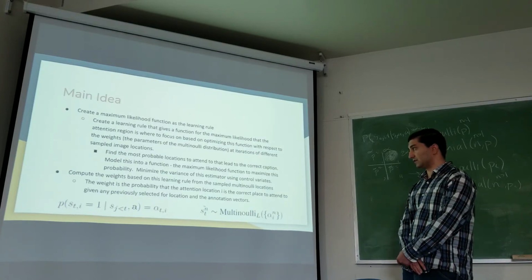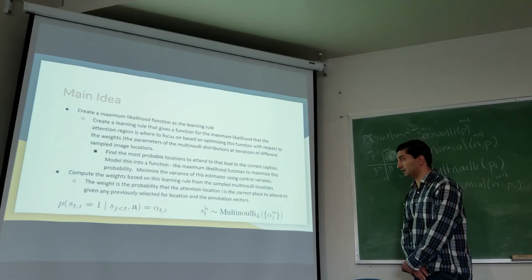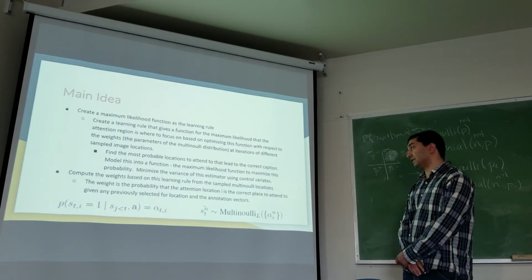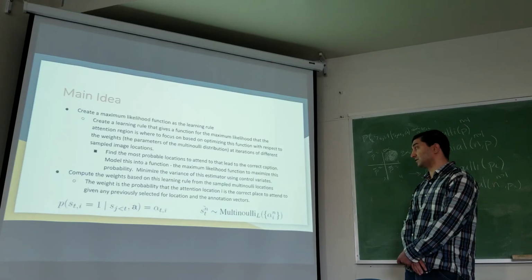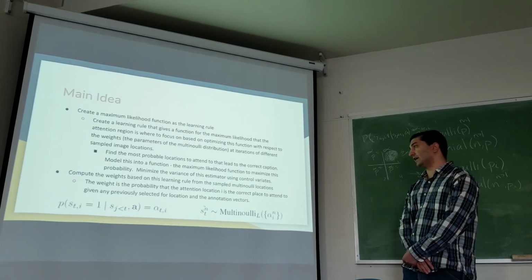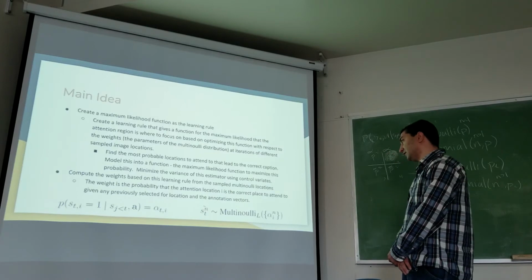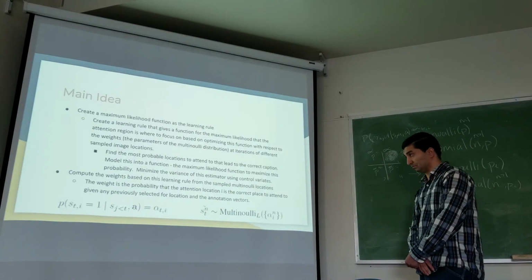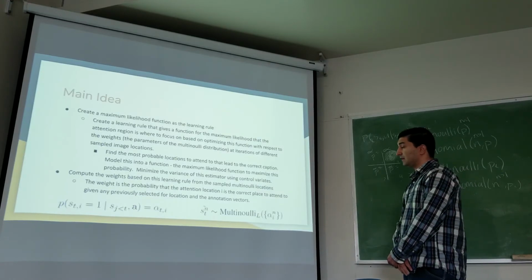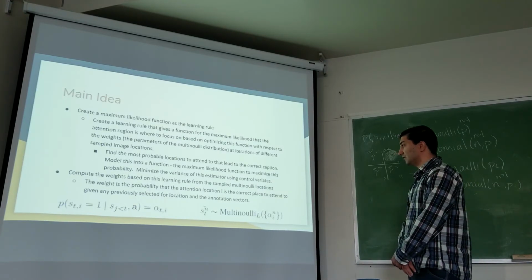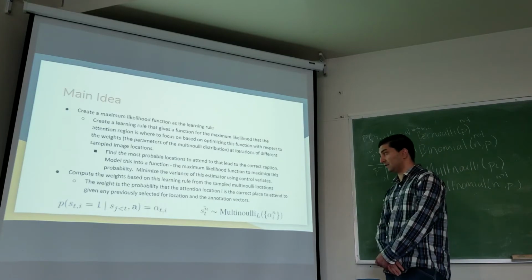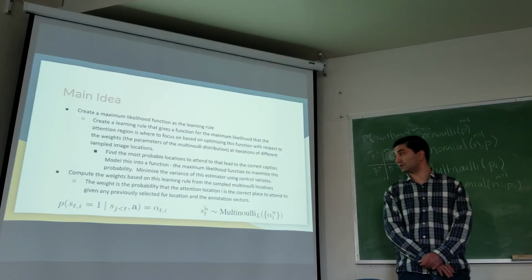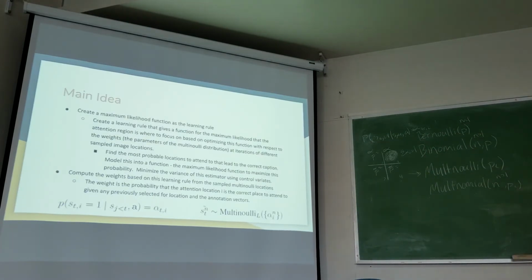We're going to model this into a maximum likelihood function to maximize this probability. We're going to minimize the variance of this estimator using control variates. And again, we compute these weights based on this learning rule from the sampled multinoulli locations. The weight is the probability that attention location i is the correct place to attend to, given any previously selected attention locations and the annotation vectors, which we said early on.